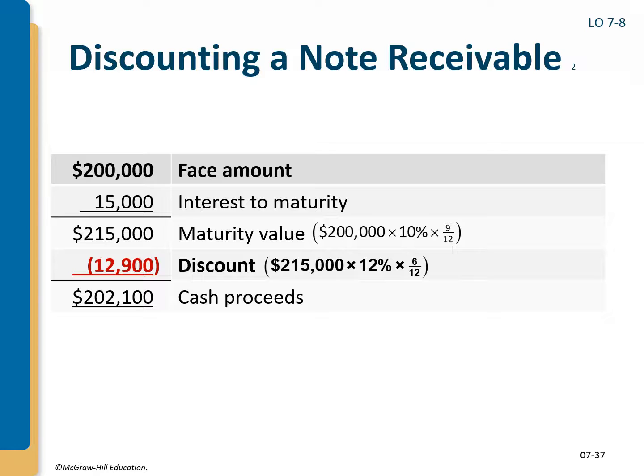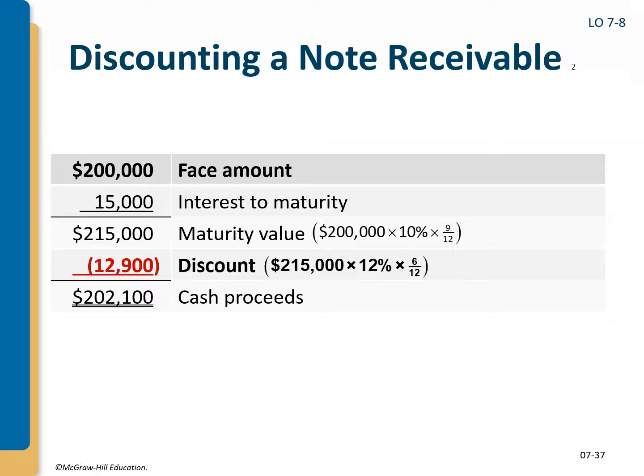So when this note matures at the end of September, the financing bank will receive $215,000 if they are still the owner of it. Well, they're not going to loan you $215,000. No, they're going to deduct interest off of that, or discount it.